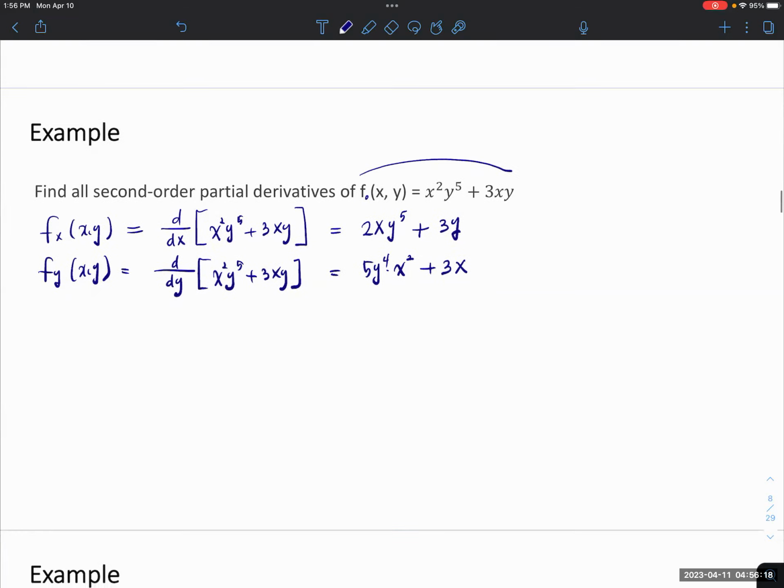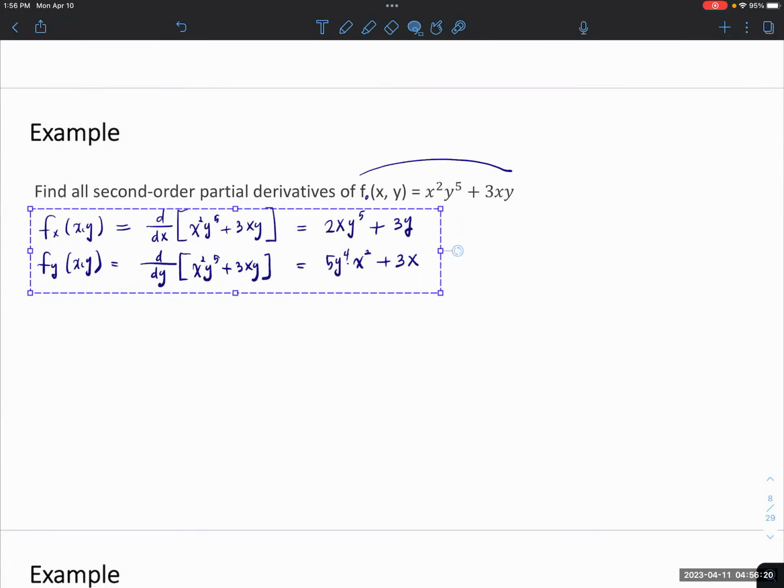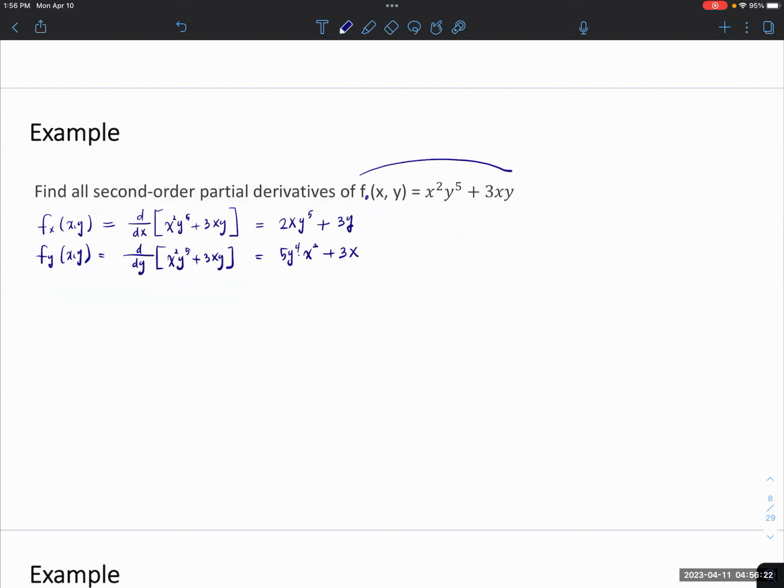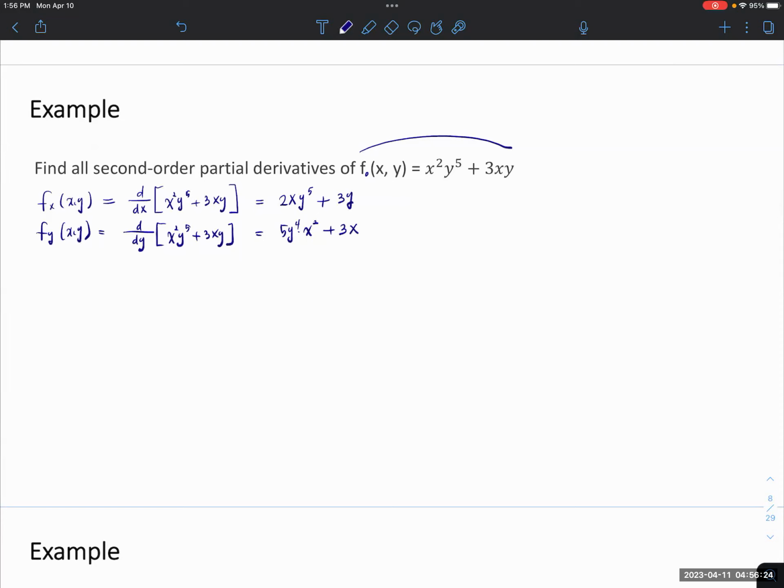Now we are going to take the second derivative from here. Step 1, we need to find out which one you want to do first, fxx. So that means d over dx to the 2nd, correct? But if you're confused, don't write it that way. Just take one d over dx.